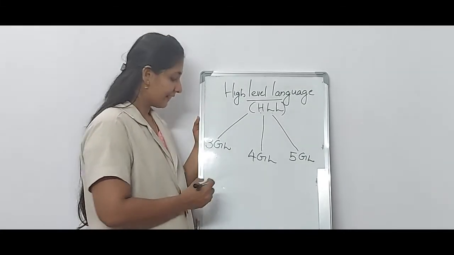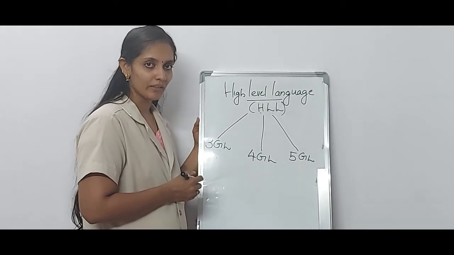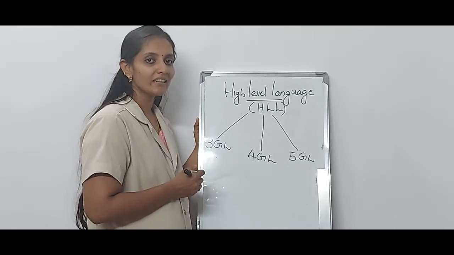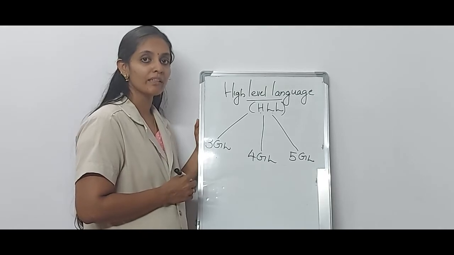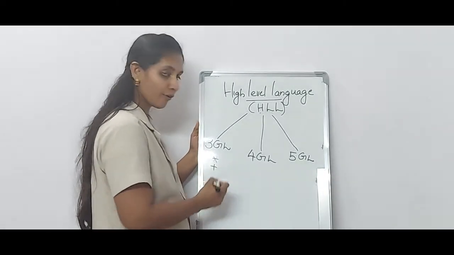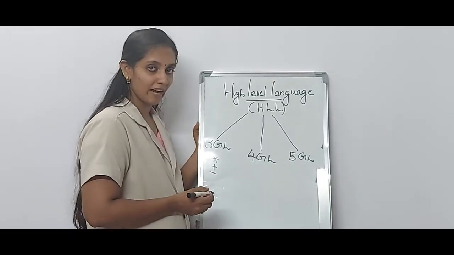First one is third generation language. In third generation language, programmers write the program using English-like words. Many third generation languages also use arithmetic operators like the multiplication symbol, plus symbol for adding, and minus symbol for subtracting.